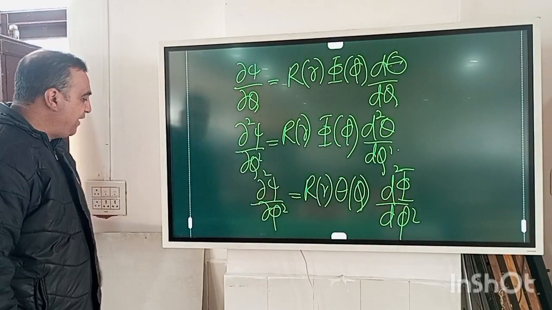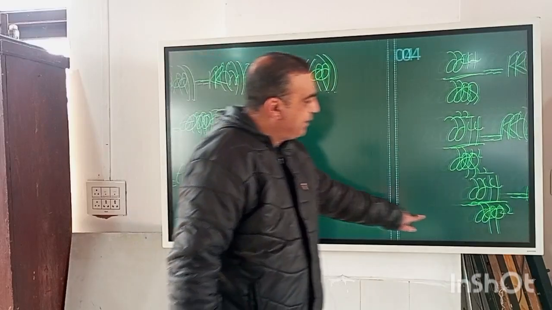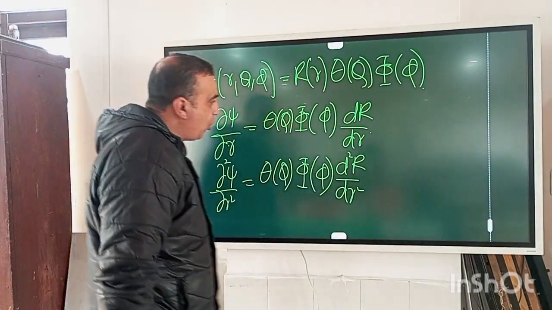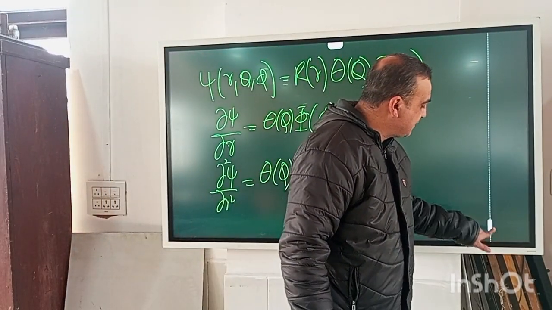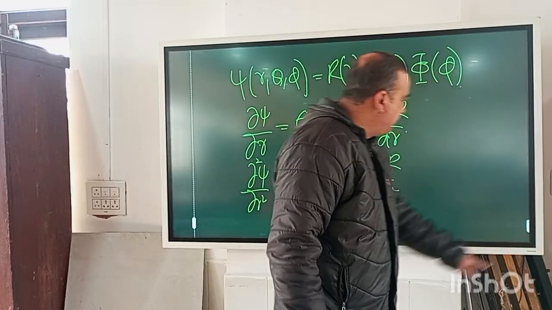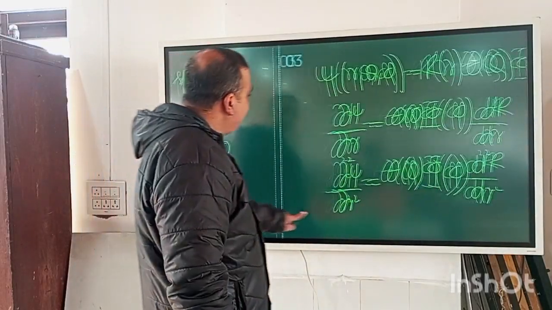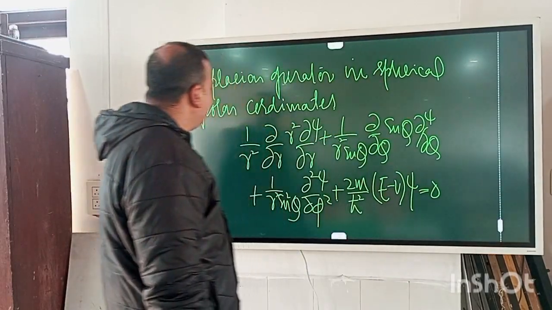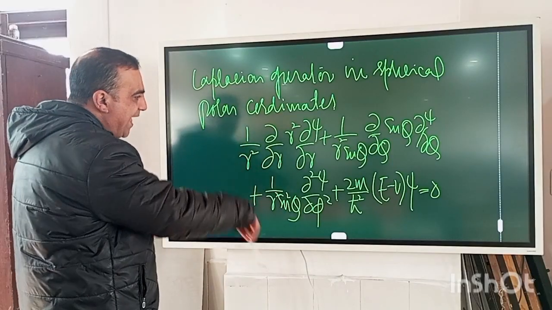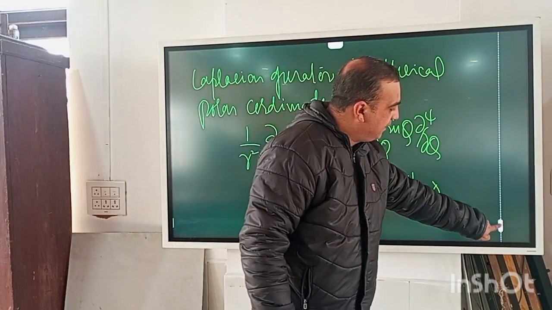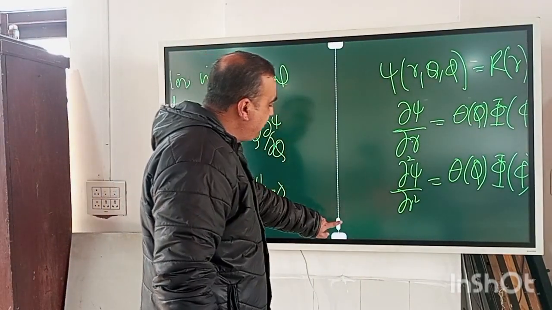So all of these results we can incorporate in the Schrödinger's equation that we have written in spherical polar coordinates, and we will obtain an equation.